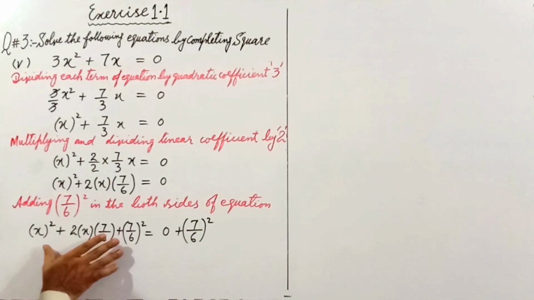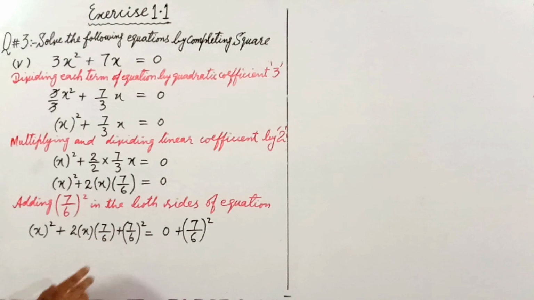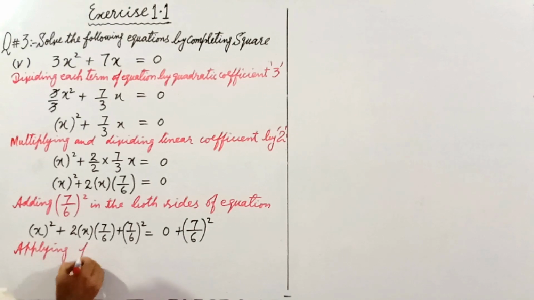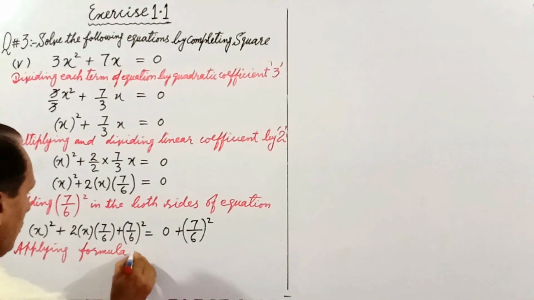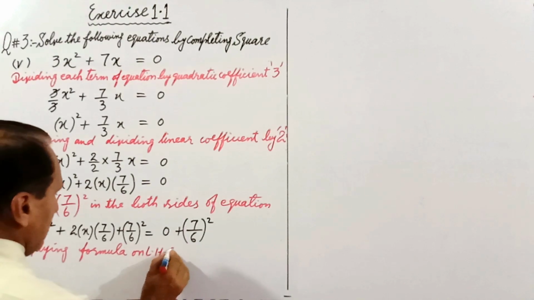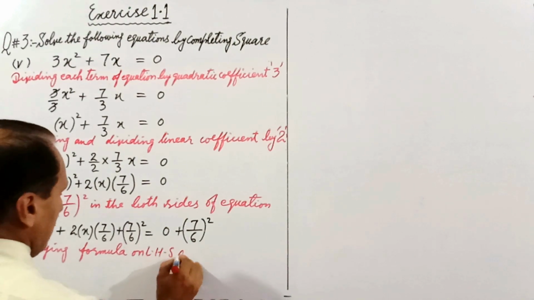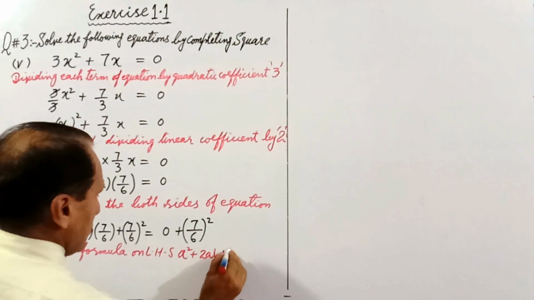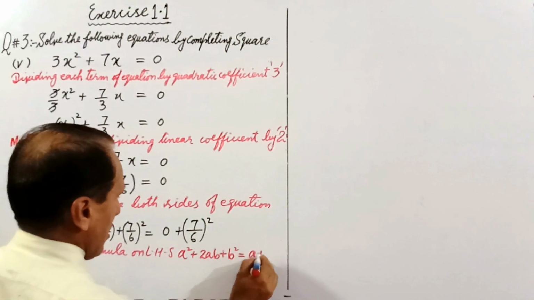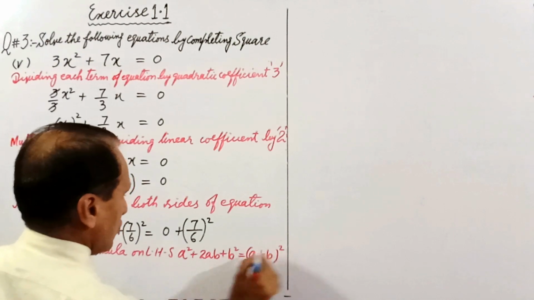In the left hand side the expression is in such a form that we can convert into a perfect square by applying formula. Applying formula on left hand side, and that formula is a square plus 2ab plus b square is equal to a plus b whole square.